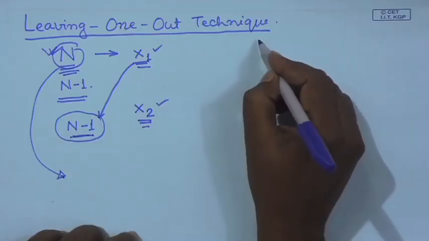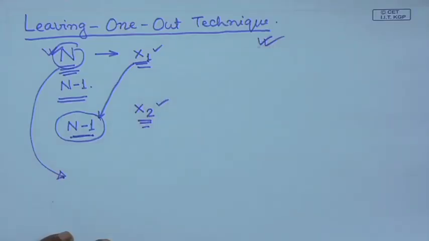Here you find that as I am setting aside 10% of the samples, I will be designing 10 different classifiers. For every classifier, I find out the error rate. And then when I finally design the classifier using all the n samples, I know that the maximum error rate of this classifier will be the error rate of the individual classifiers that I had got. So, this is one way of designing.